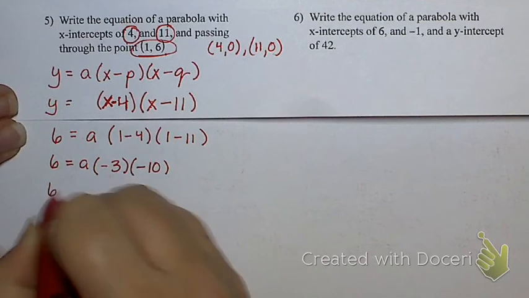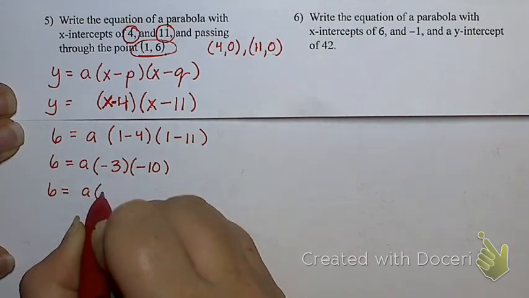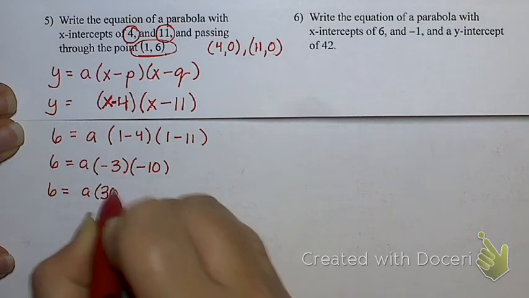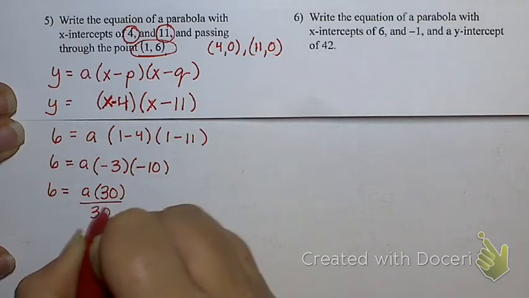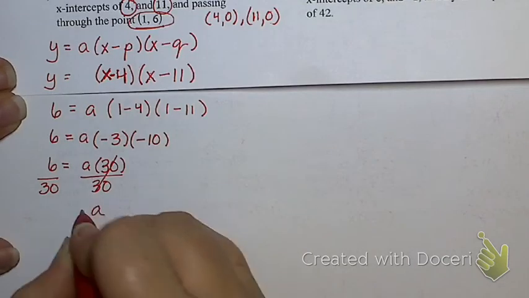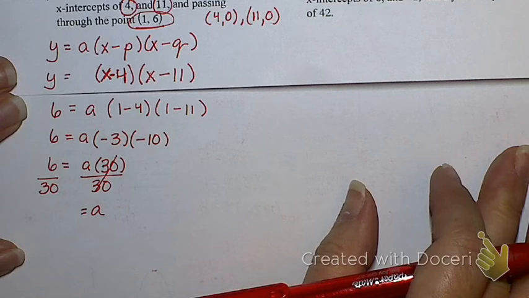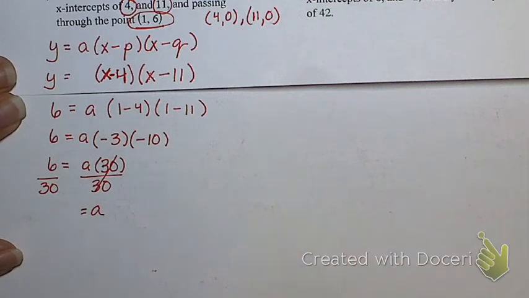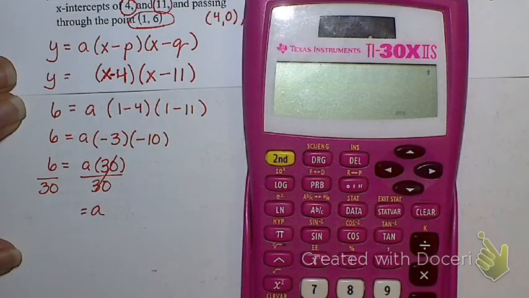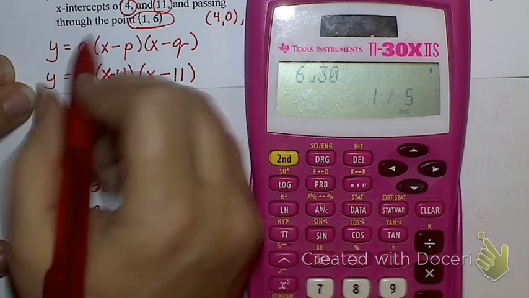So 6 equals A times, what's negative 3 times negative 10? Positive 30. So I'm going to divide by 30. And 6 does not divide by 30 nicely. But I can reduce that fraction. So what is 6 over 30 if I reduce it? 6 over 30 is 1/5. So my A value is 1/5.